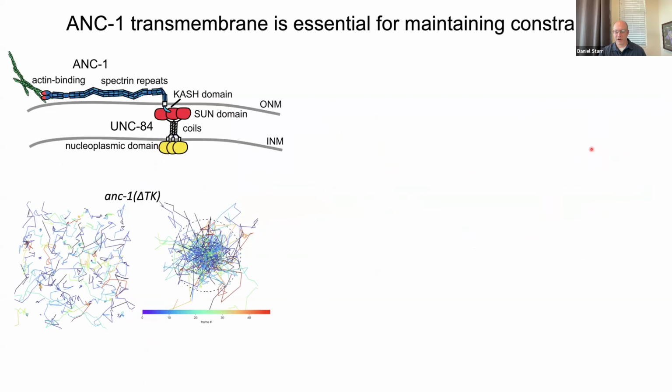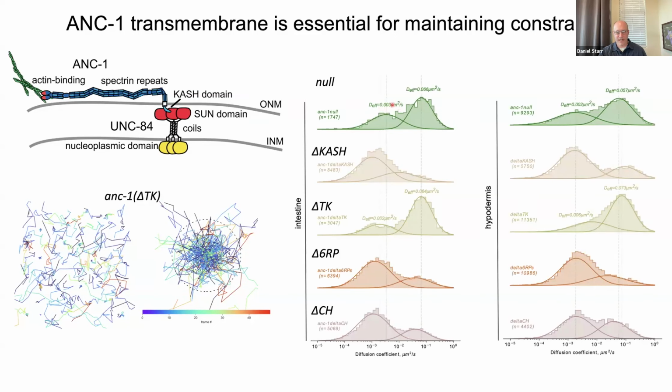All right. So what parts of ANK1 are important here? I didn't show wild type here, but if we delete the KASH domain, it looks like wild type. And if we delete the calponin homology, the actin binding domains, it also looks like wild type. However, if we delete the KASH domain plus the transmembrane domain, now we get what looks a lot like the null, where we've lost our constraint.